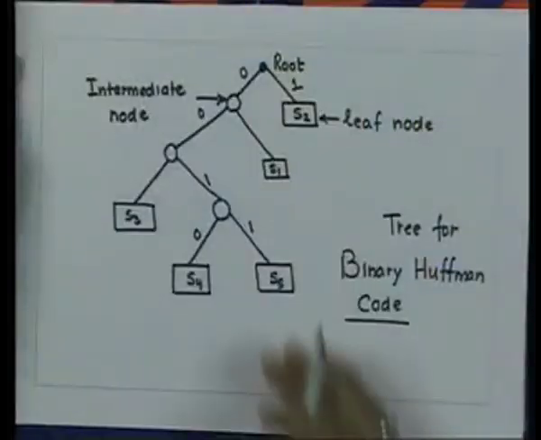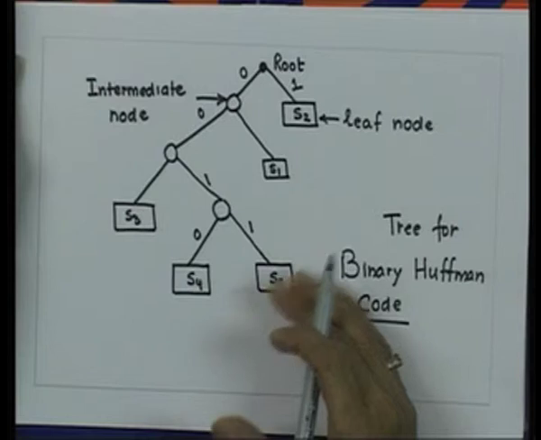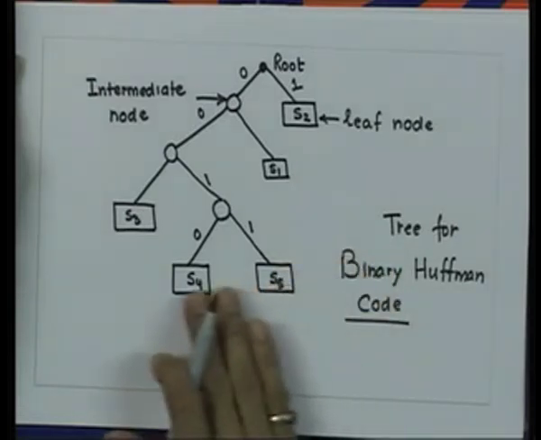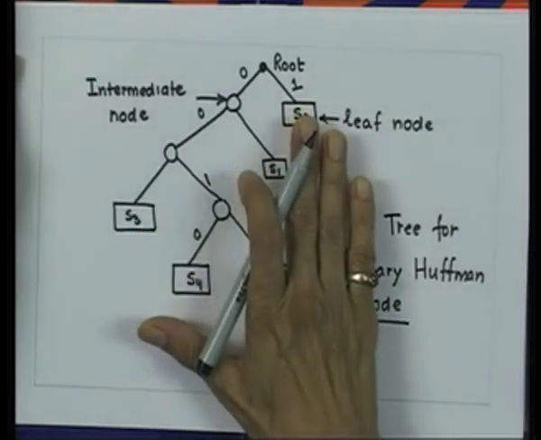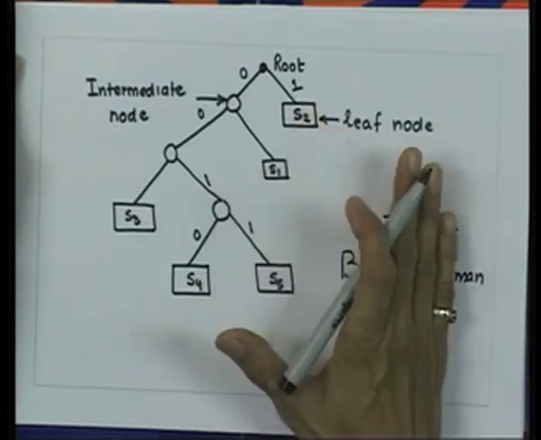A trivial extension or a trivial different version of this Huffman code would be to get another Huffman code by inverting all the bits in the code words which we obtain from this Huffman code, or by exchanging two code words of the same length.